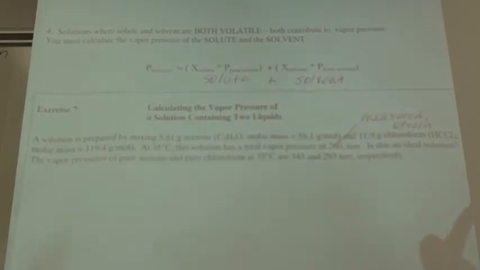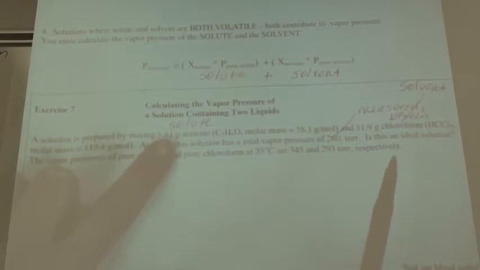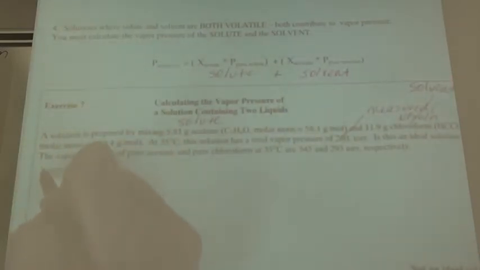Just by looking at this, which one's a solute and which one's a solvent? Acetone's a solute and chloroform is a solvent, because acetone is a smaller quantity than chloroform. Okay, so let's think about these as two separate problems and then add stuff together at the end.